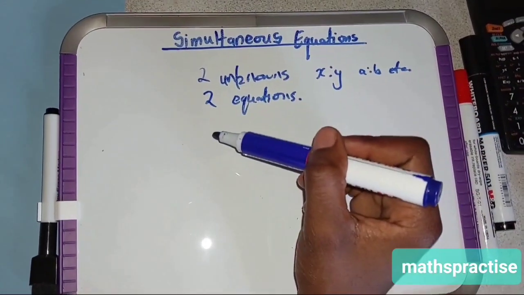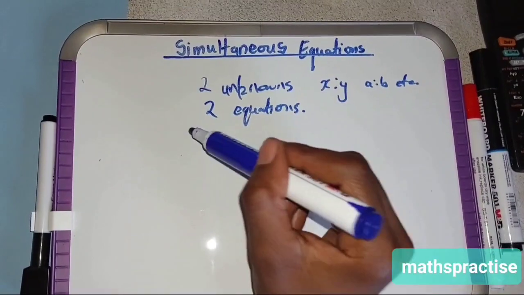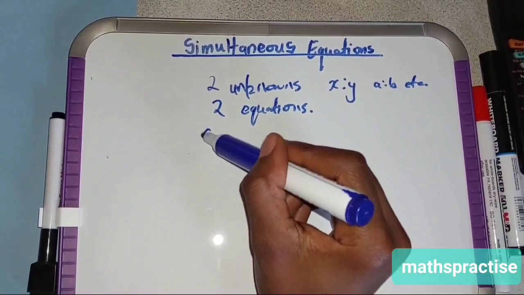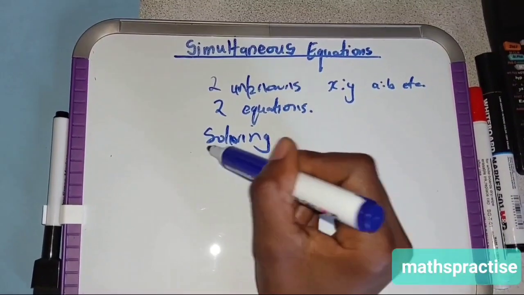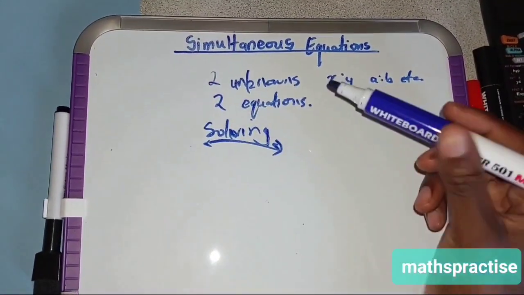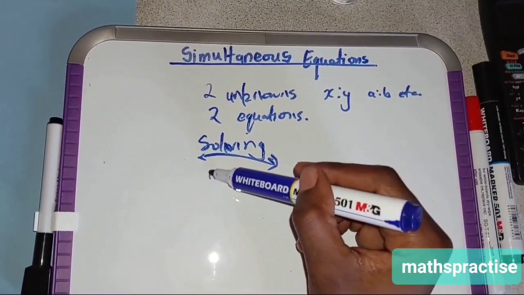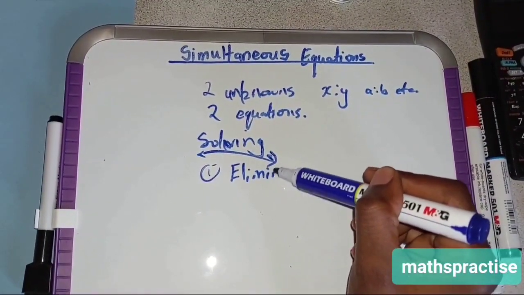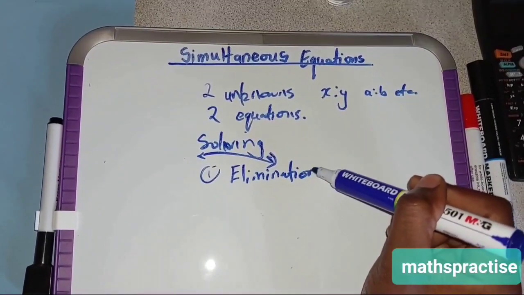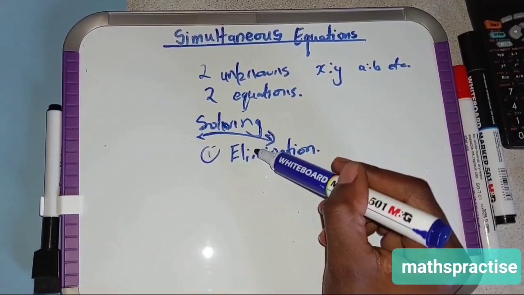So when solving simultaneous equations, there are two methods, right? The first method is by elimination. Please don't mind my handwriting.